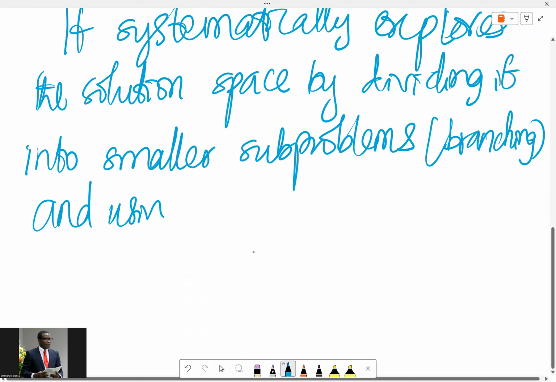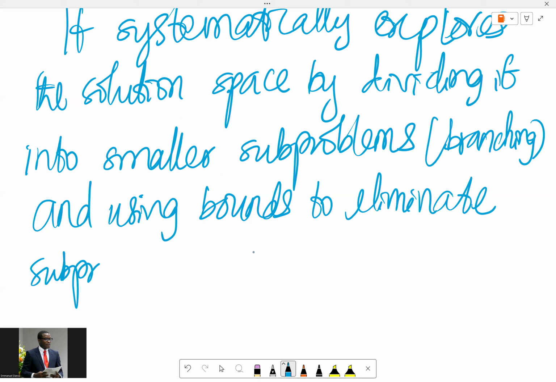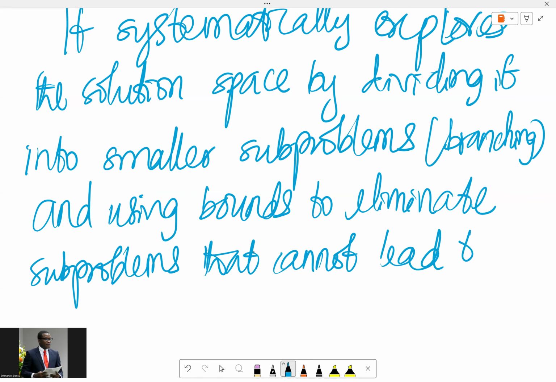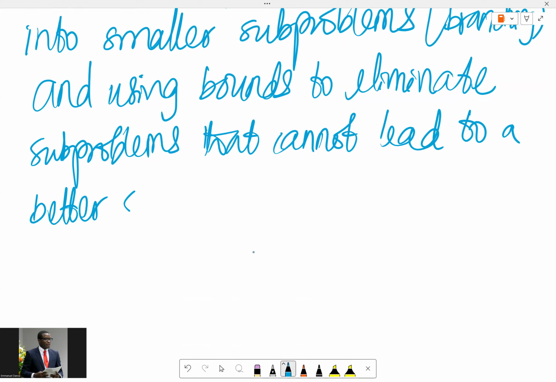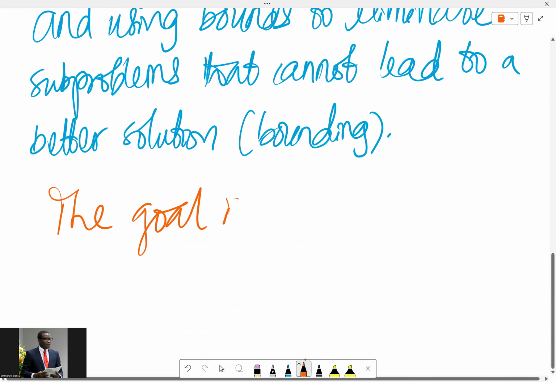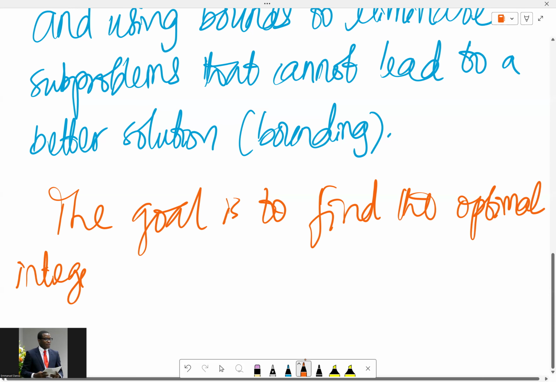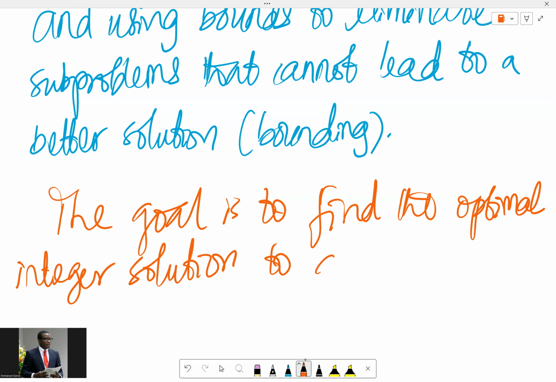And using bounds to eliminate subproblems that cannot lead to a better solution. That's where the bounding happens. The goal in the long run is to find the optimal integer solution to an optimization problem.